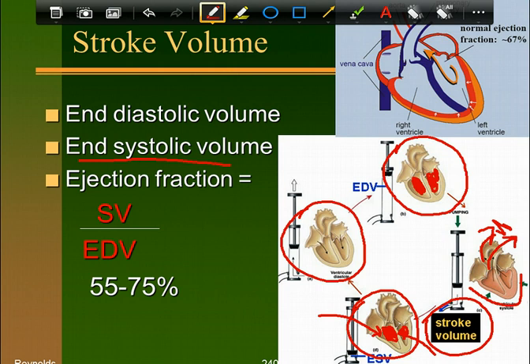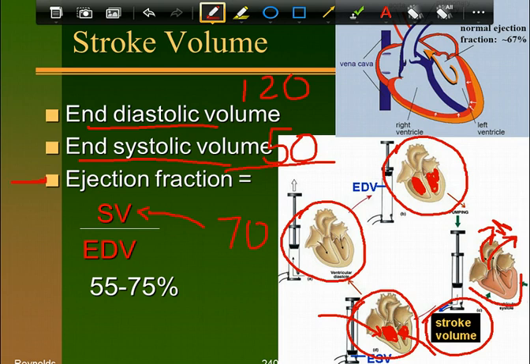Don't make this harder than it is. And that is about 50 mils. So remember, end diastolic volume around 120, I'm averaging here, end systolic volume about 50. If you subtract 50 from 120, you got 70, right? And that's that stroke volume right there.